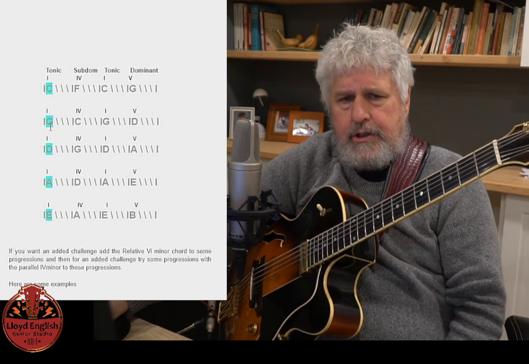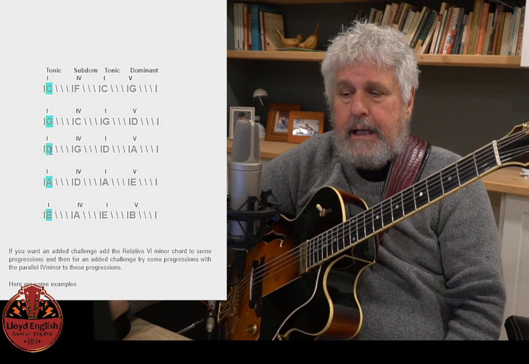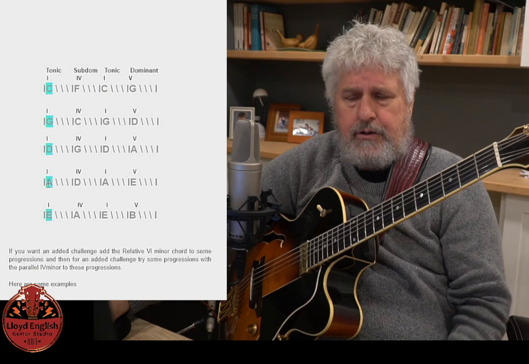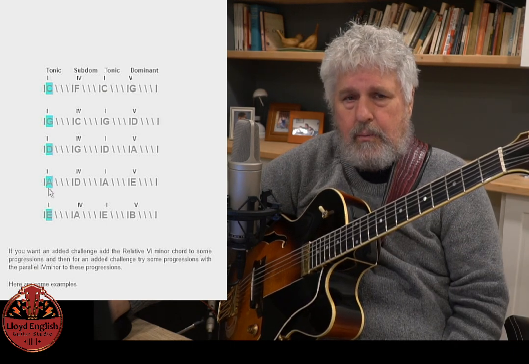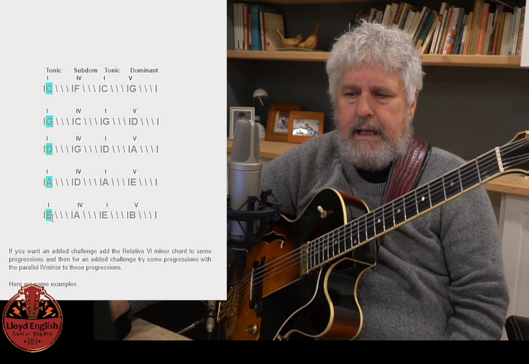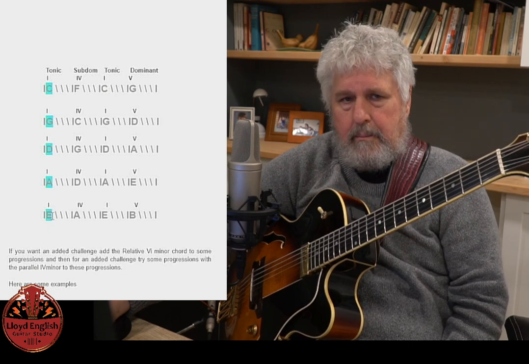So in the case of G, the relative minor is going to be E minor. In the case of D, your relative minor is going to be B minor. You just have to count back 3 in the scale. In the case of A, your relative minor is going to be F sharp minor. And in the case of E, your relative minor is going to be C sharp minor.